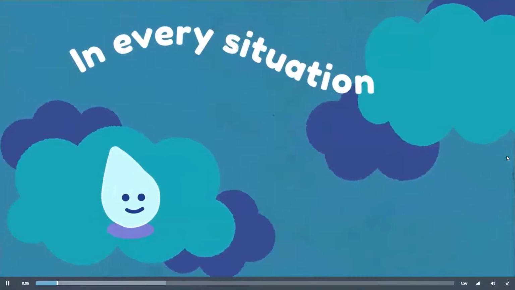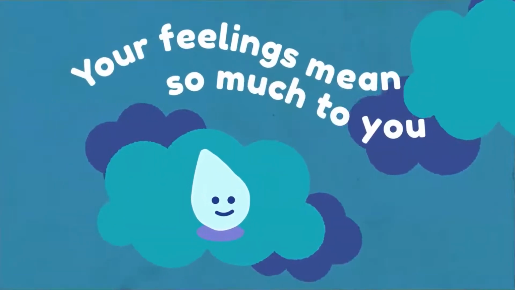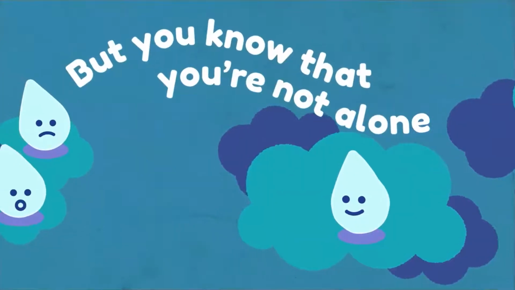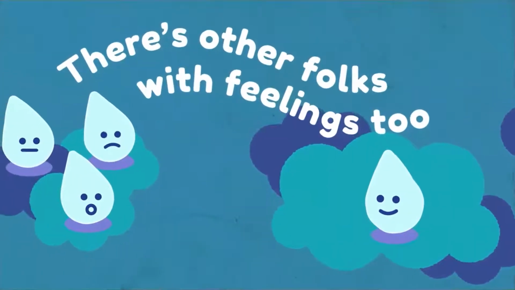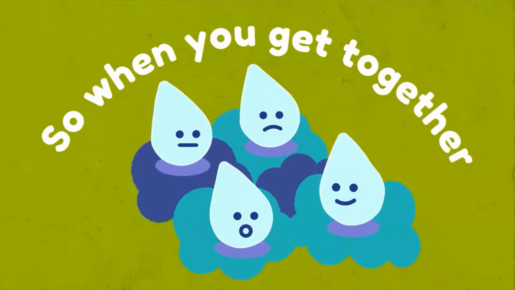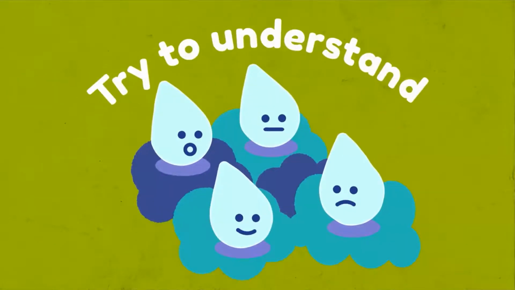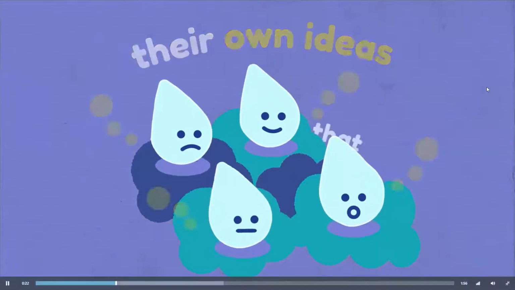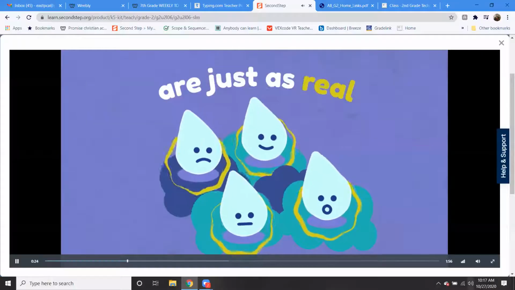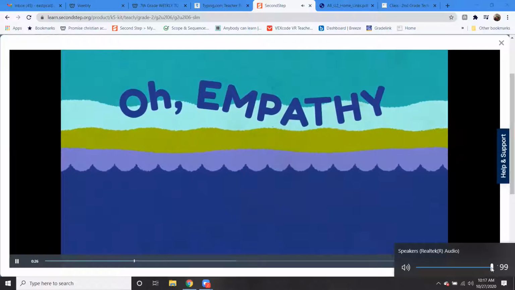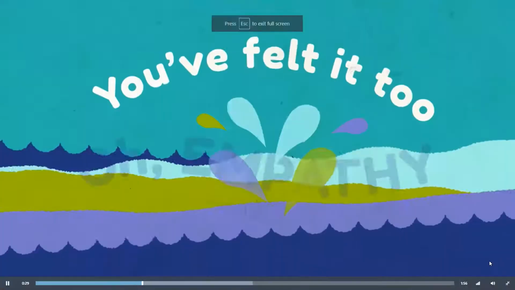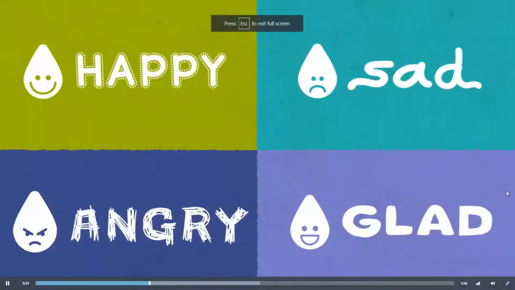In every situation, your feelings mean so much to you, but you know that you're not alone. There's other folks with feelings too. So when you get together, try to understand how they might feel, cause they might have their own ideas with feelings that are just as real. Oh, empathy means feeling what others feel. You felt it too. Happy, sad, angry, glad.